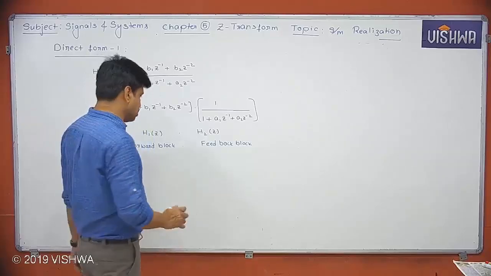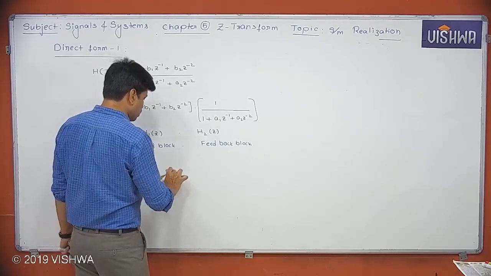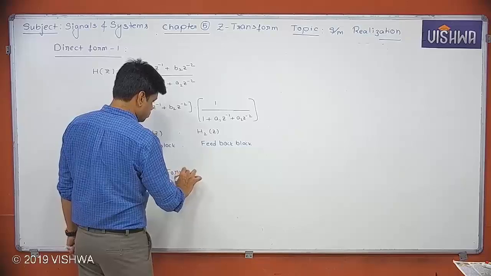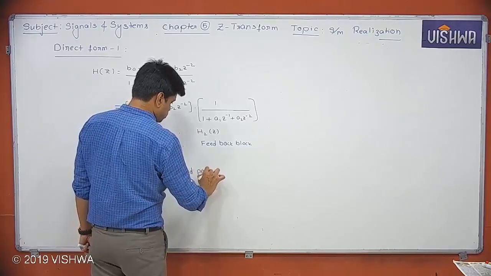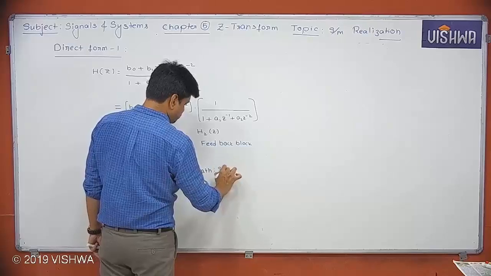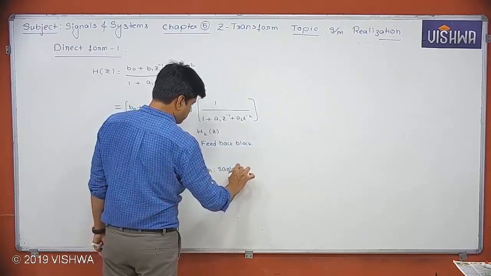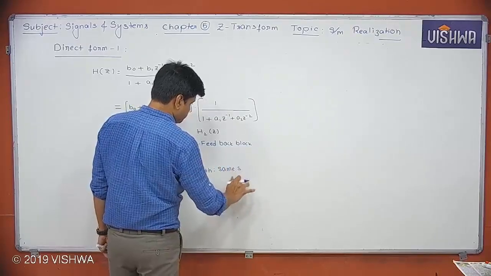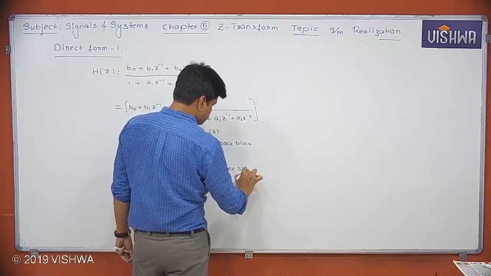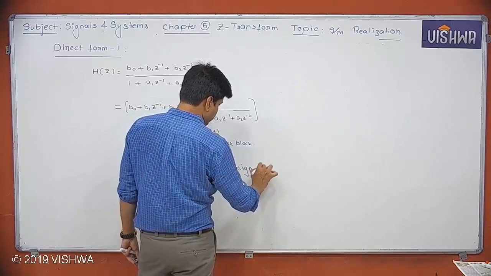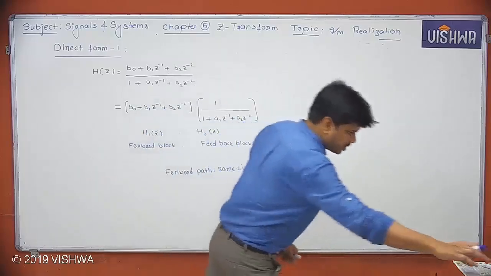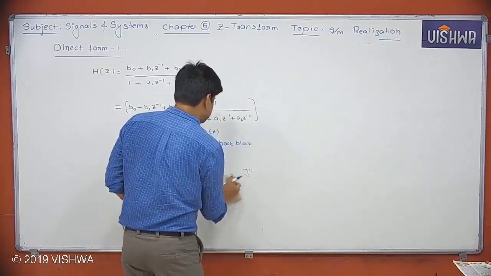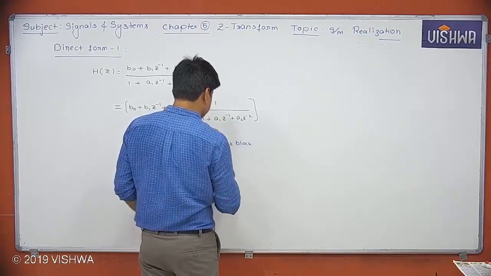Okay, remember that also. Forward path, same sign, constants having the same sign, coefficients having the same sign.